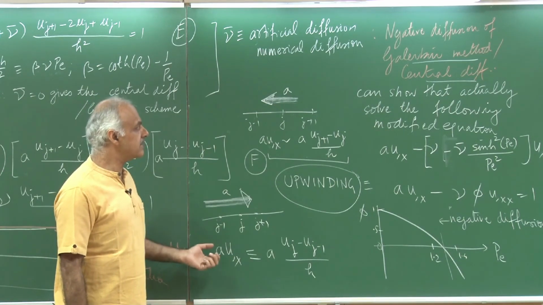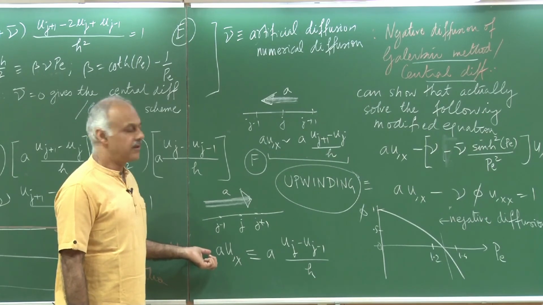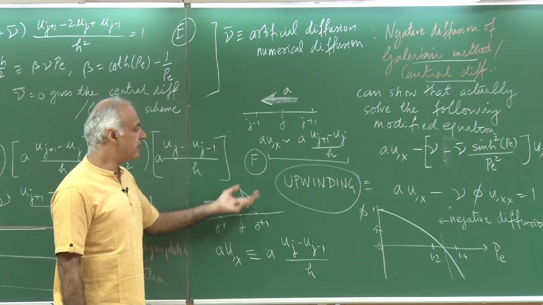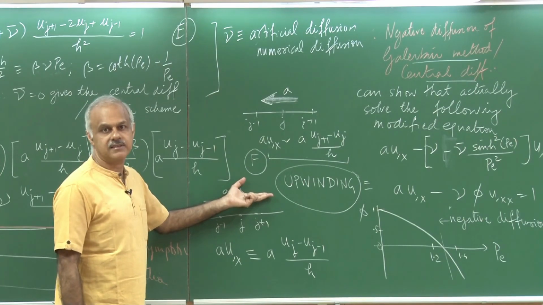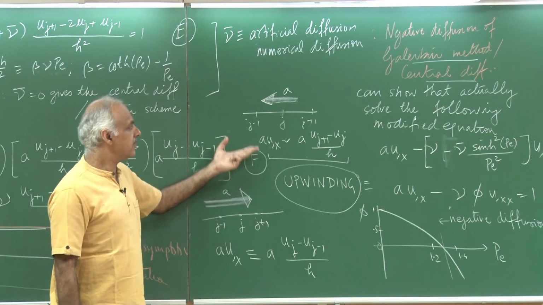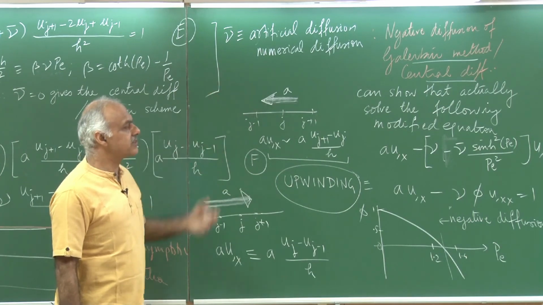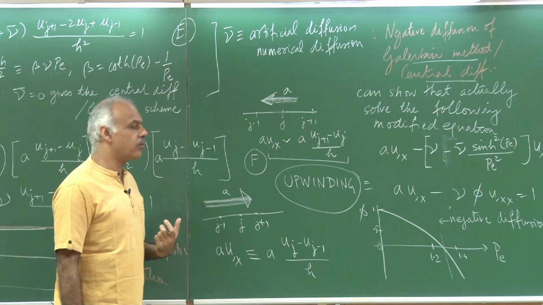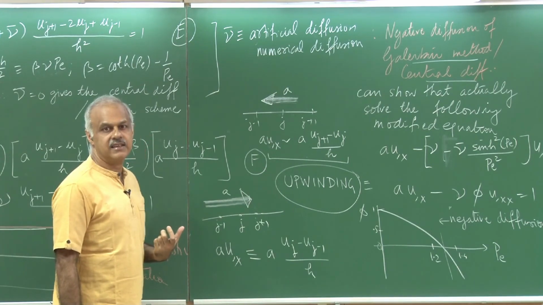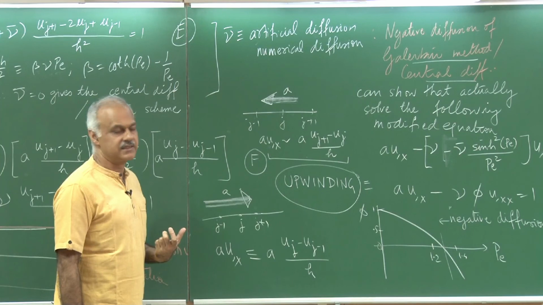Now the outcome is the same, but on the face of it, upwinding seems like a more presentable option, because when you say you are adding artificial diffusion, the feeling it seems to give is you are modifying your original equation, the flow equation.